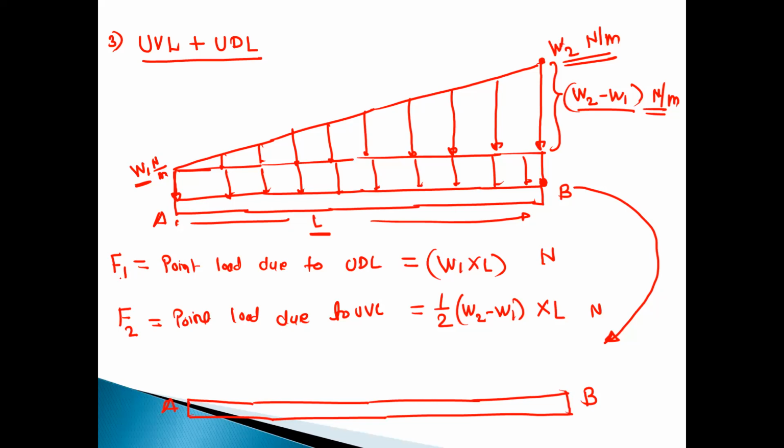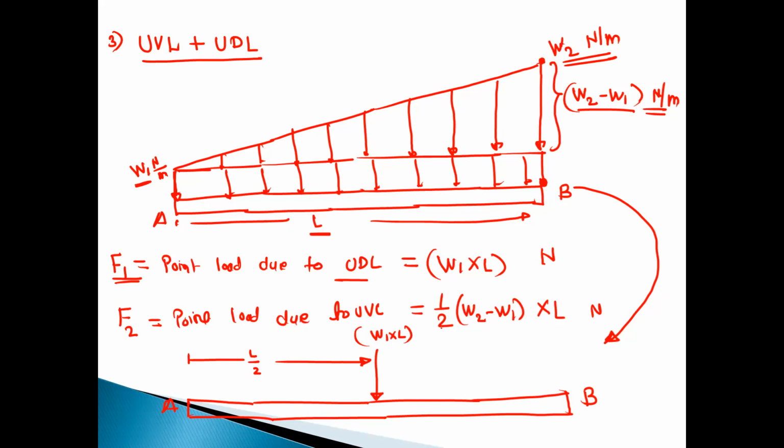First, show the point load due to UDL. It will act exactly at the center of the total span, so this is at distance L by 2, and the magnitude will be W1 into L.